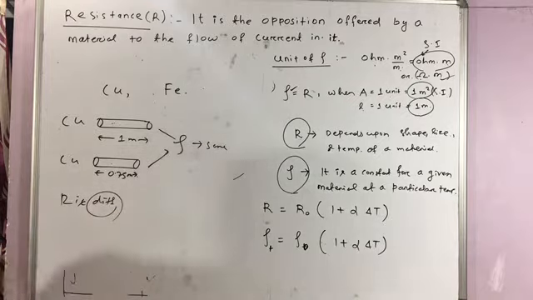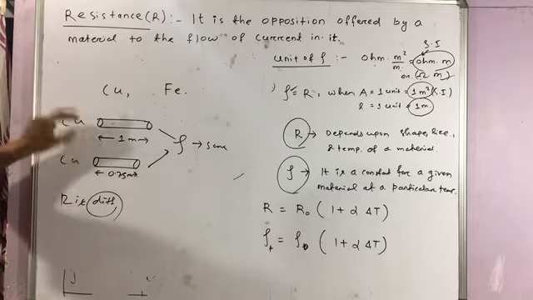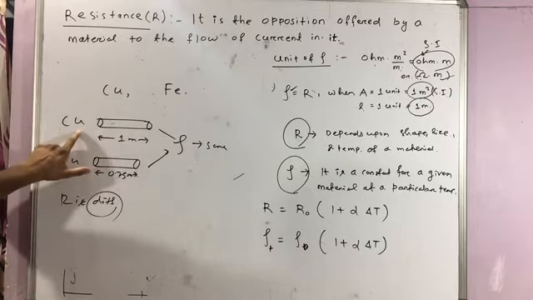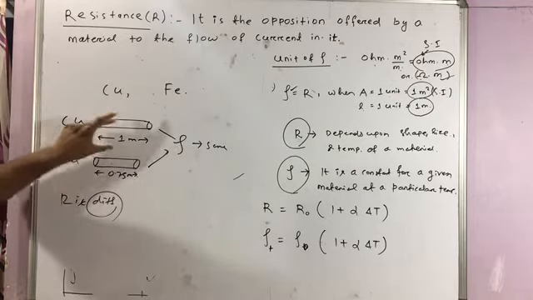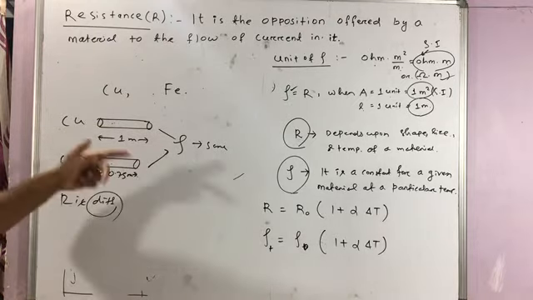R depends on the shape and size. Here the length is more, so resistance is more. Here the materials are the same, both are copper, so resistivity is the same. That is the point there.